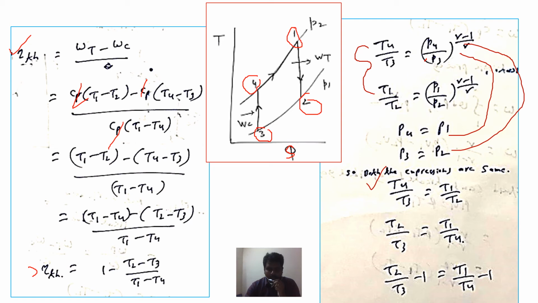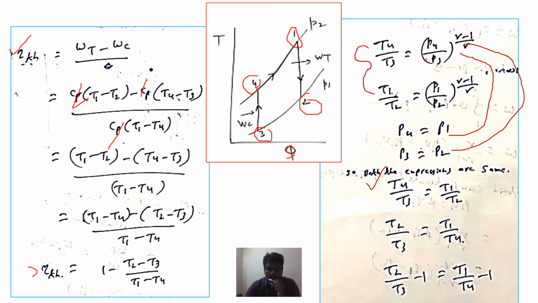So this we can write as T2 by T3 equals T1 by T2, and also we can write it as T2 by T3 minus 1 equals T1 by T4 minus 1. In the previous slide we added minus 1 on both sides.